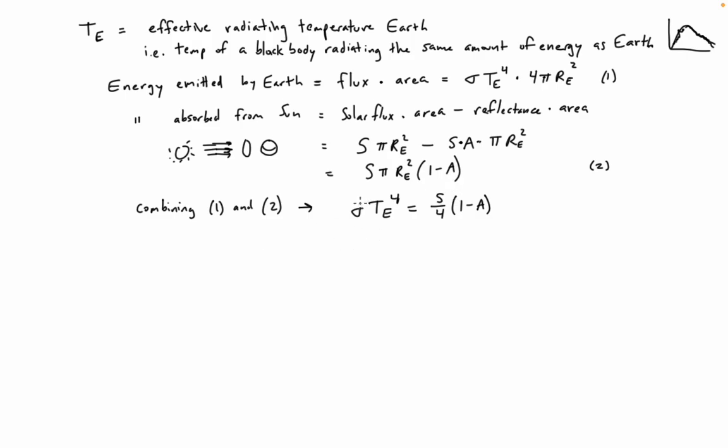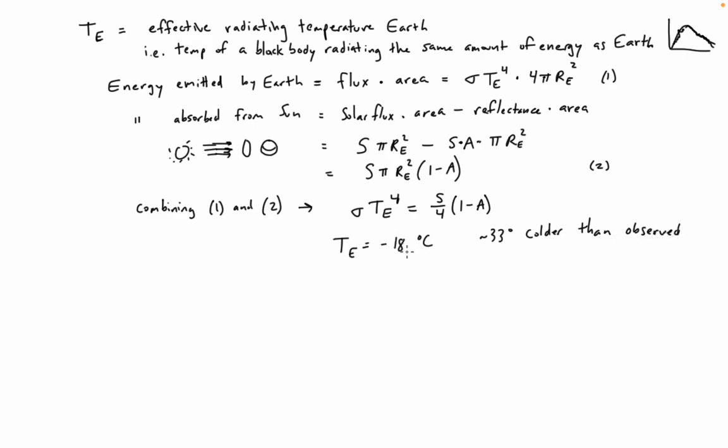Using the albedo we gave, 30%, and the solar flux, which is measured from satellites, all of which are, at the moment anyway, constants, you get a temperature of minus 18 degrees Celsius, which is around 33 degrees colder than observed.